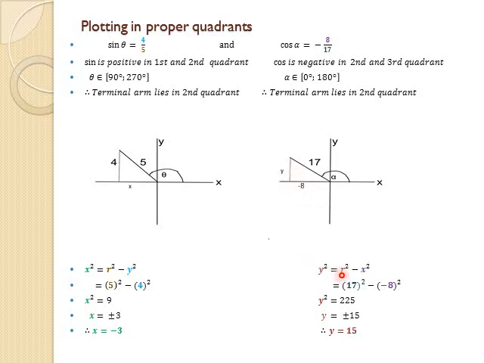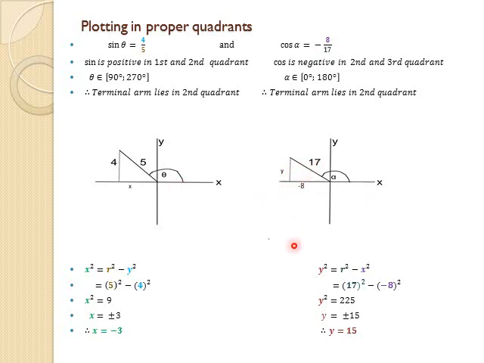So y squared equals r squared minus x squared. That gives me 17 squared minus 8 squared, which gives me 289 minus 64, which is 225. Square root of that, plus minus 15, so y equals 15. So where x is minus 3, y is 4, and r is 5. That side it's minus 8, 15, and 17.